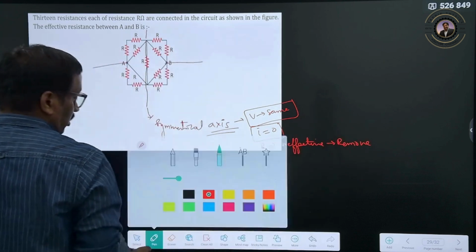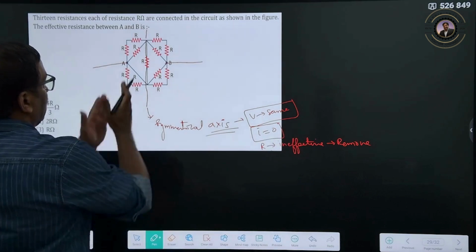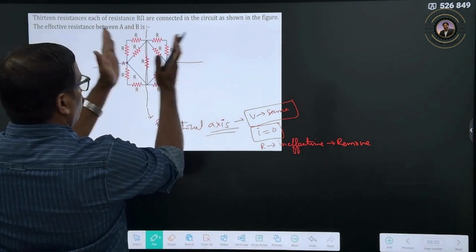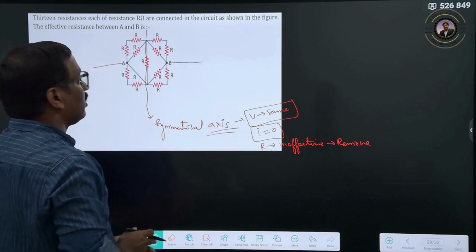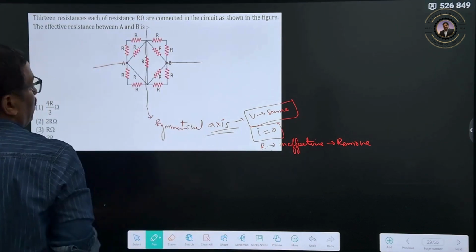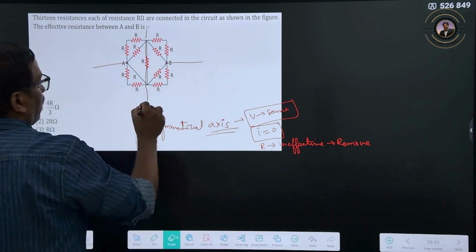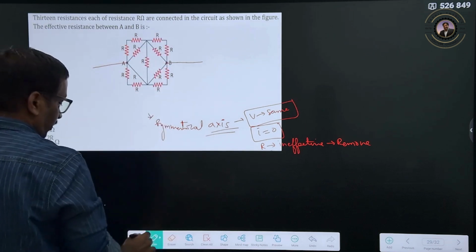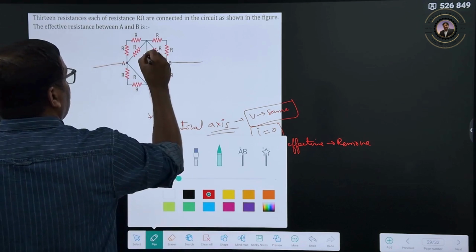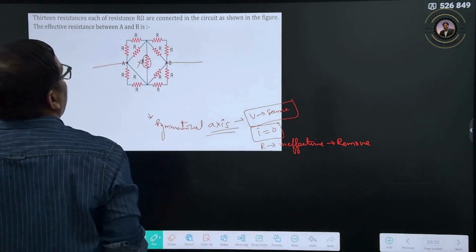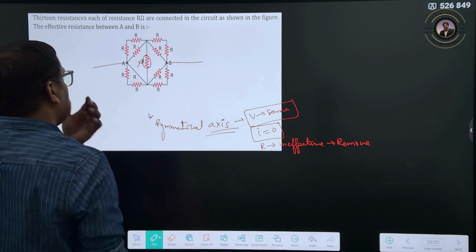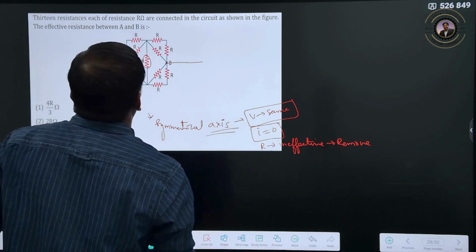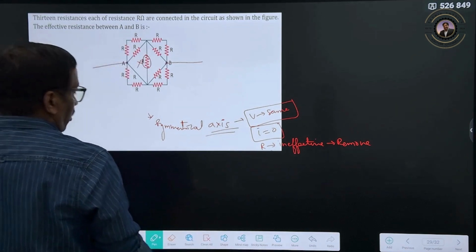You can divide this into exactly two parts. So this is one symmetry. Now this resistance can be neglected, can be removed. Then how will the circuit become?